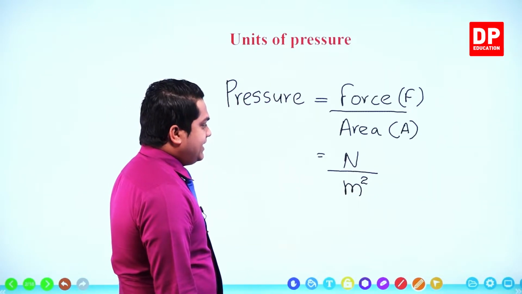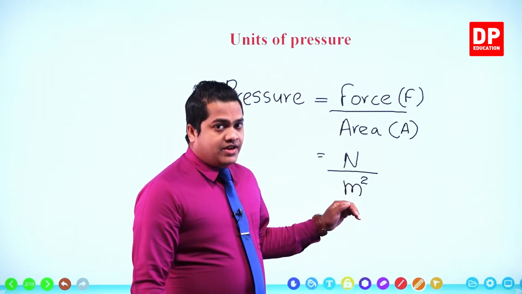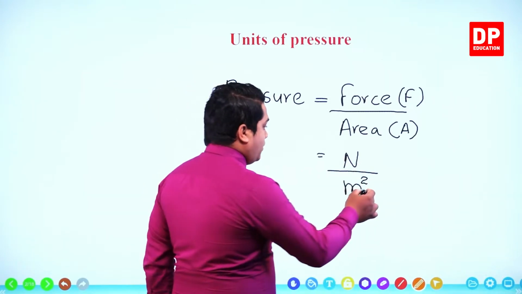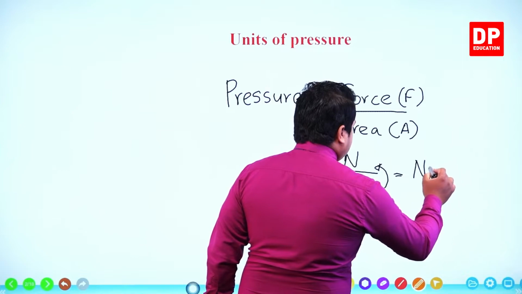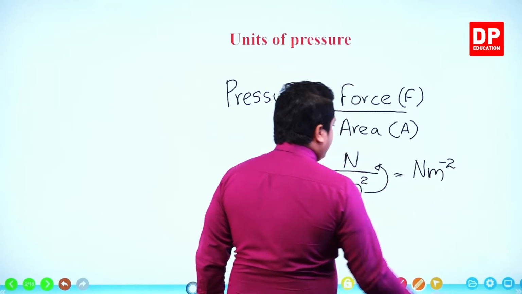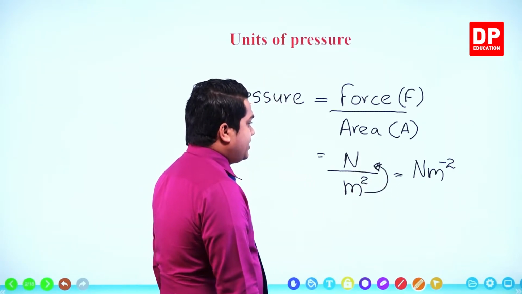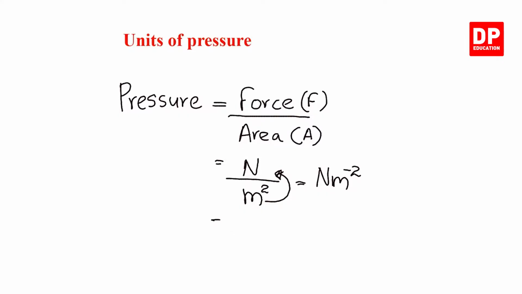You know that if powers are located at the denominator, we can take them upward by taking the negative power of it. So it can be written as N m to the power negative 2. As this one comes up, it becomes negative 2. So this unit is referred to as newtons per square meter.